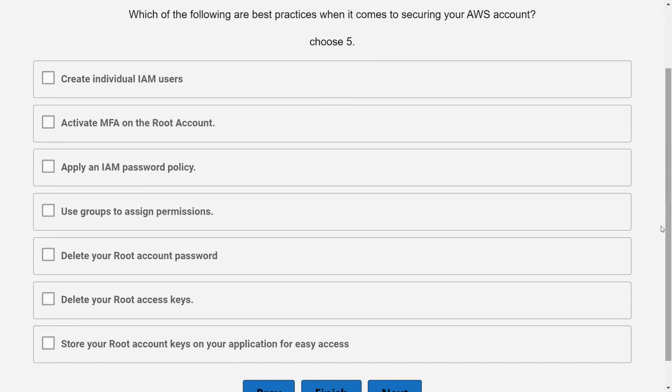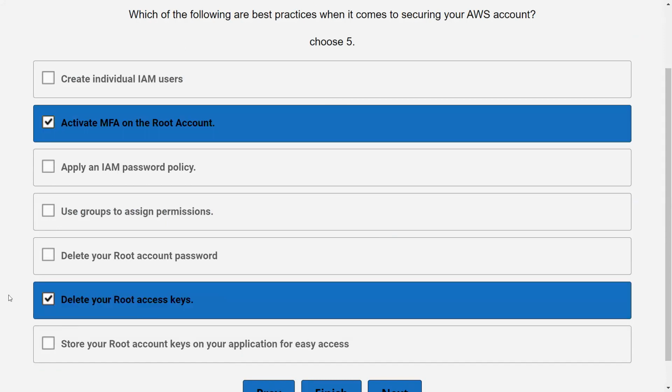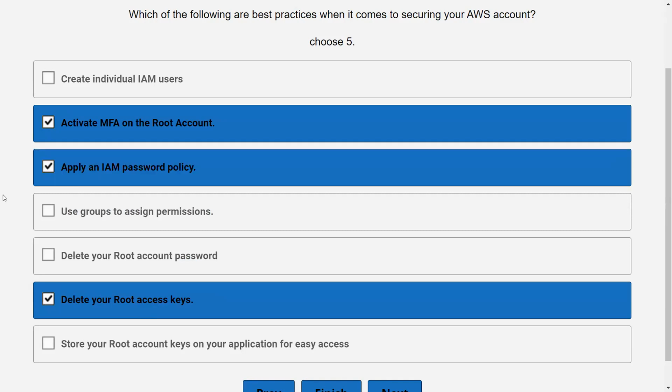Okay, this one they choose 5 best practices when it comes to securing your account. You said MFA? Definitely. Okay. So delete root access keys. Yes. No, not password keys, access keys. Password policy. Use groups to assign permission.